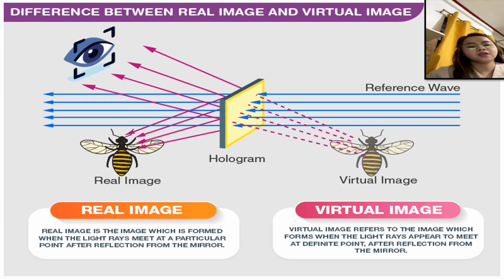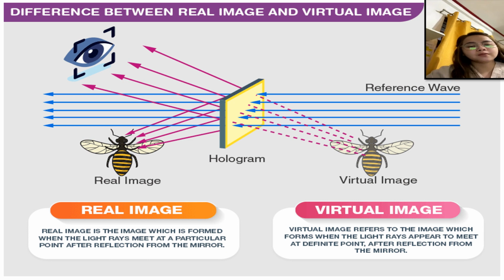Next, we have here the real image and virtual image. To explain it, as I used those words earlier, the difference between these two is that a real image is the image which is formed when the light rays meet at a particular point after reflection from the mirror. The virtual image refers to the image which forms when the light rays appear to meet at a definite point after reflection from the mirror.